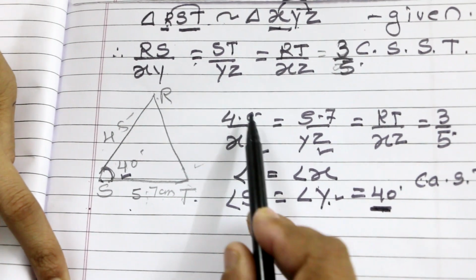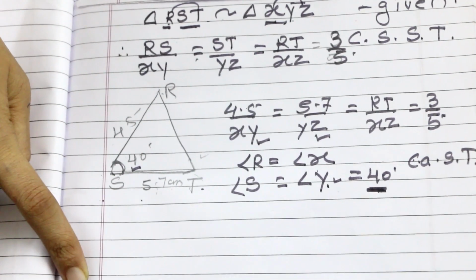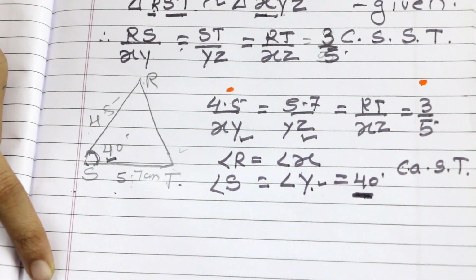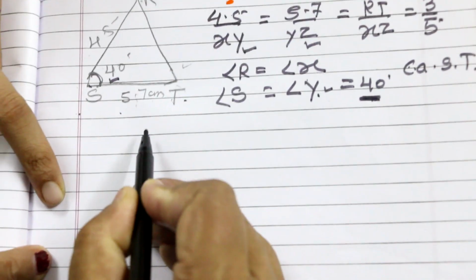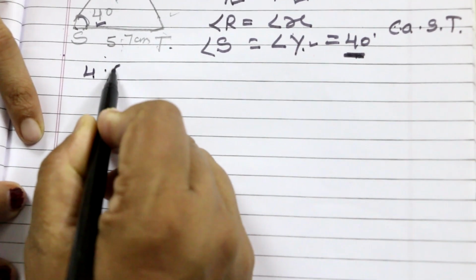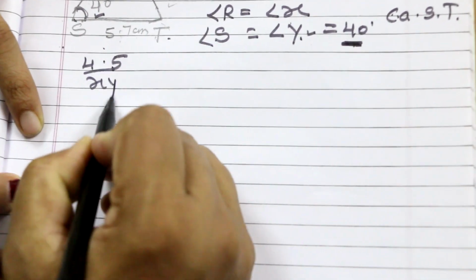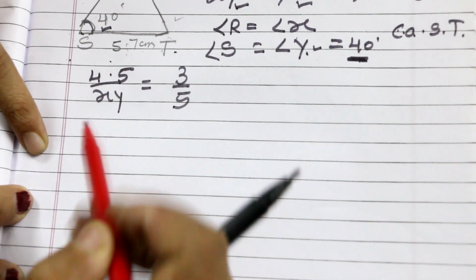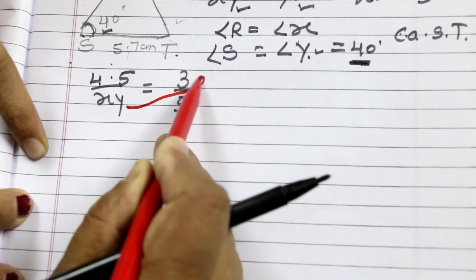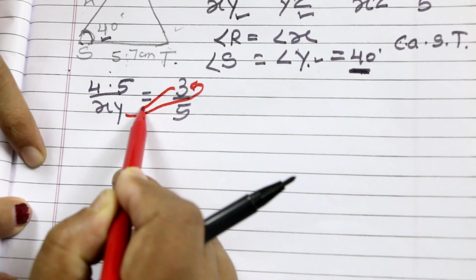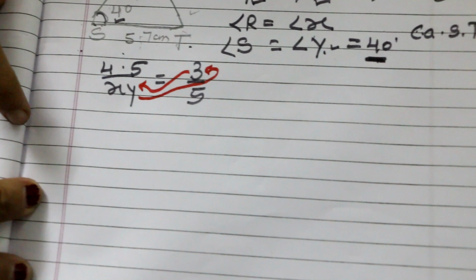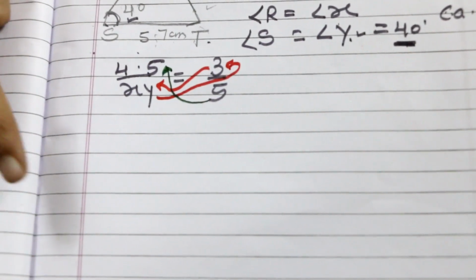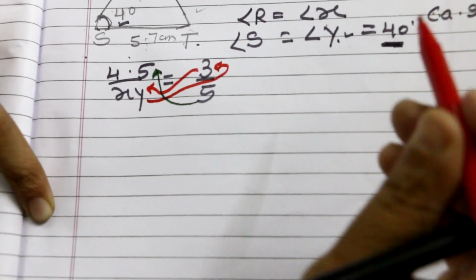Let us use this ratio. So I have got 4.5 upon XY equal to 3 upon 5. You know, children, last time I taught you XY will move in place of 3 and 3 will come down in place of XY, and 5 is going to move with 4.5. So let us do it.